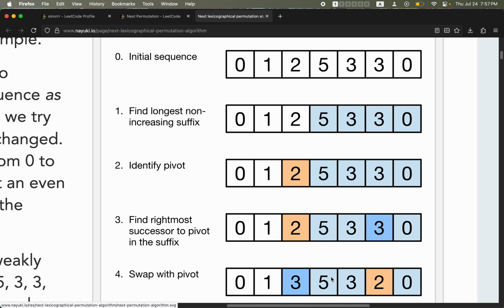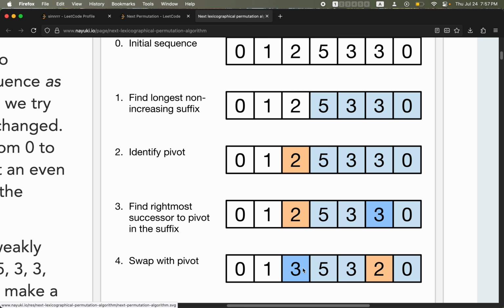Because it's sorted right now, it makes the maximum out of this right part, and we want to make the minimum out of this right part, because again, we want the minimum next permutation, right? So here, 1 3 5 3 2 0. What do we do? We sort ascendingly, right?